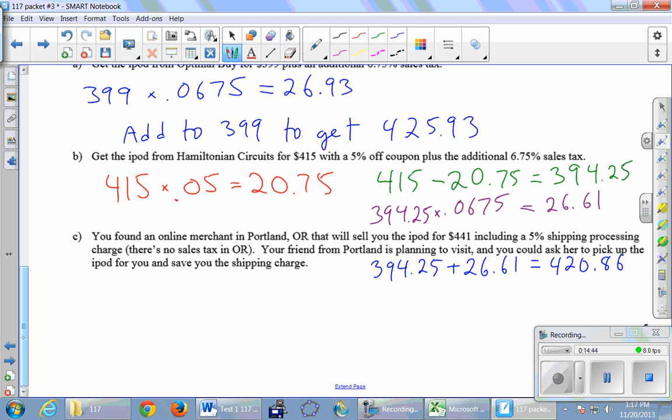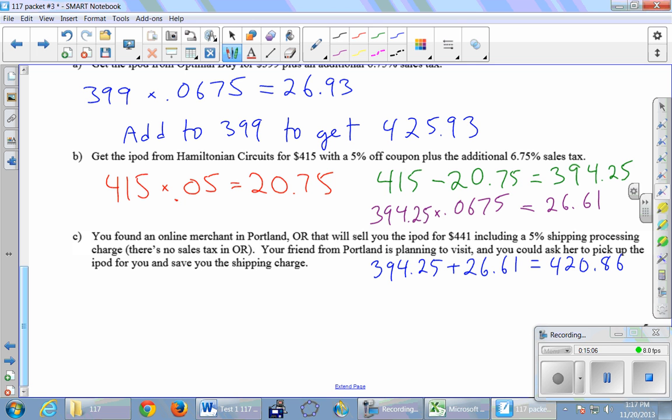Okay, and then last one here is this online merchant business. By the way, there is a shortcut that you can kind of cut out some of these calculations. Instead of just multiplying by 0.05 and then subtracting, what you could do is say, okay, if you have 5% off, what percent do you actually pay? You pay 95%, right? The coupon never says pay 95%, so this is not a natural thing for you to think about.